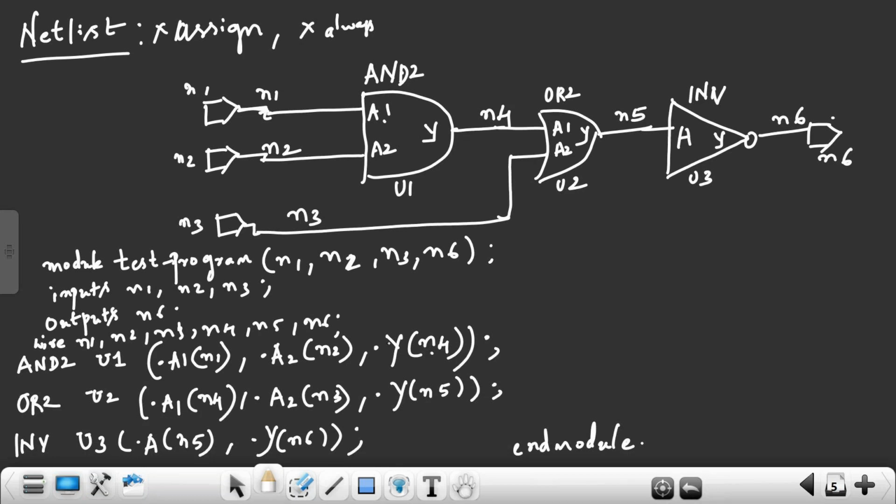N4 is connecting to the output pin of the U1 cell, and this N4 net is connecting to the input pin A1 of the other cell. So my tool can understand there is a connection from the output pin of U1 to the input pin of U2. My tool can understand this, right?